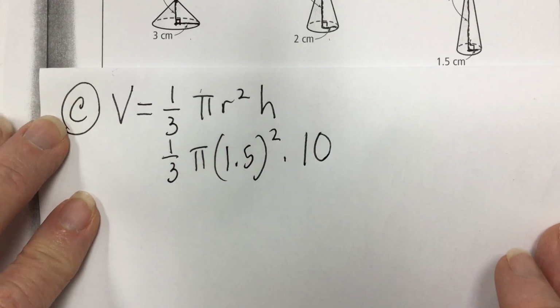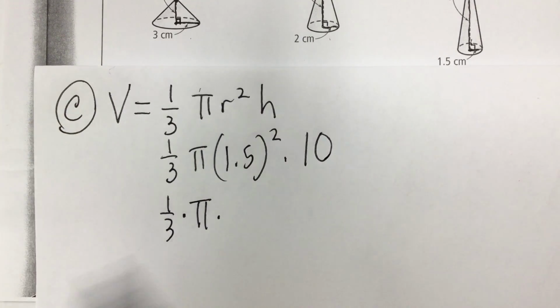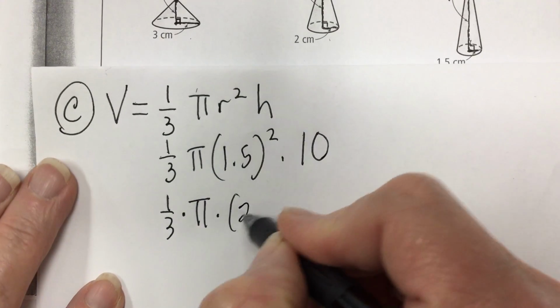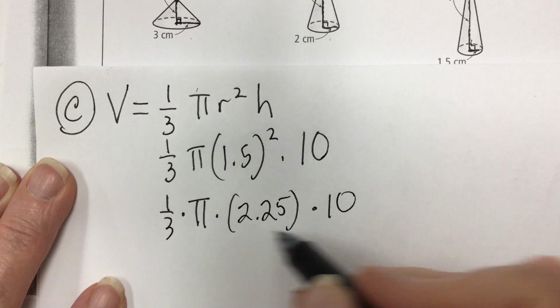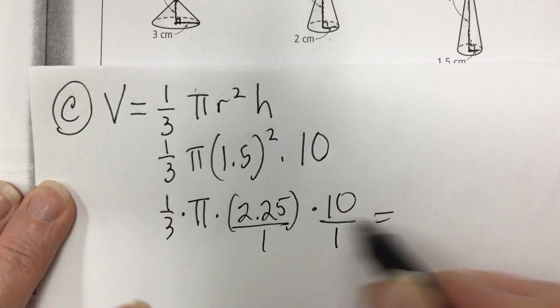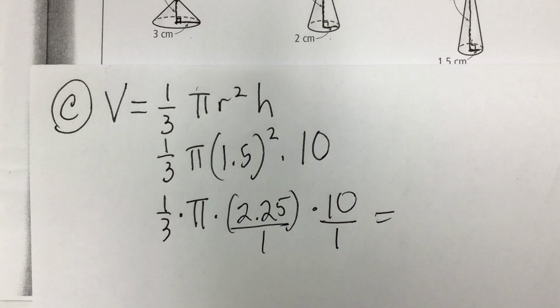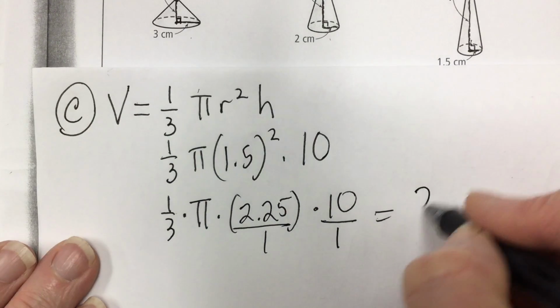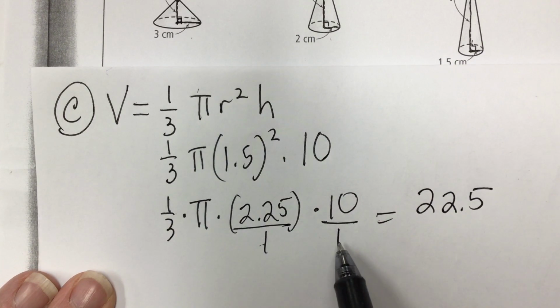So for C part, I have 1/3 times pi times 1.5. Take your calculator. 1.5 squared is 2.25, times 10. Now these are over 1, so if you multiply straight across, 2.25 times 10 is 22.5. 3 times 1 is 3.